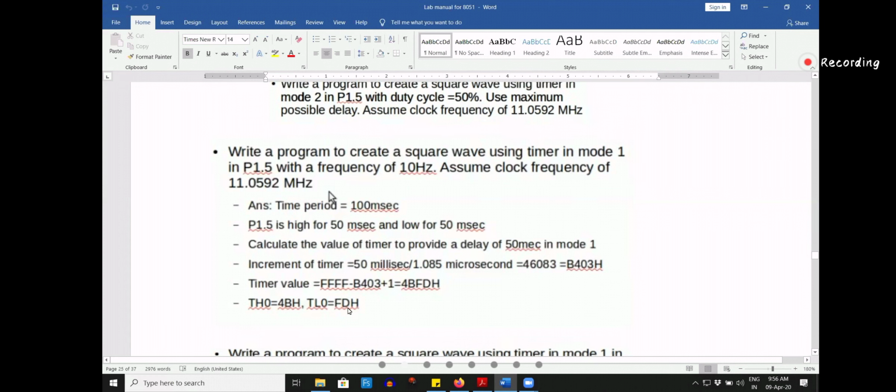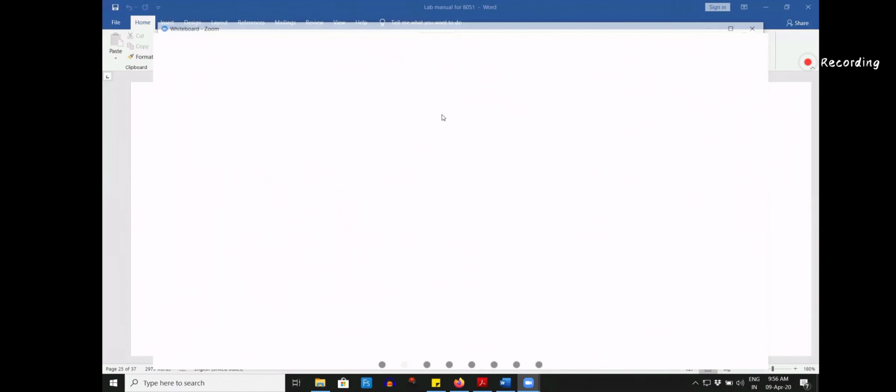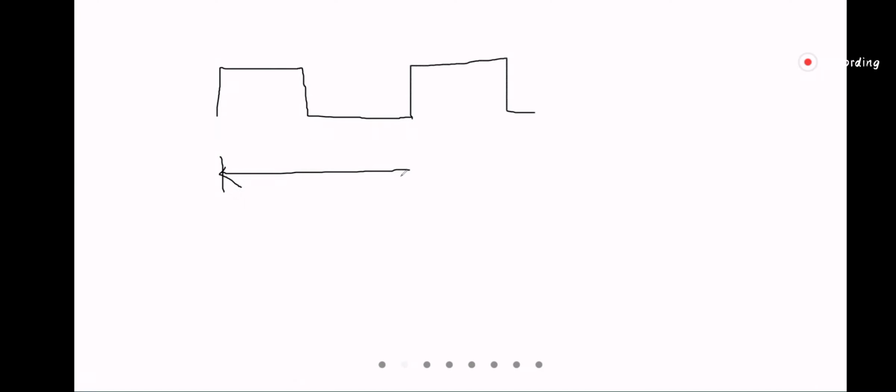Okay, I'll share the screen once. Now, if I want a clock cycle of 100 millisecond from here, clock period, I mean, one clock cycle to be 100 millisecond.